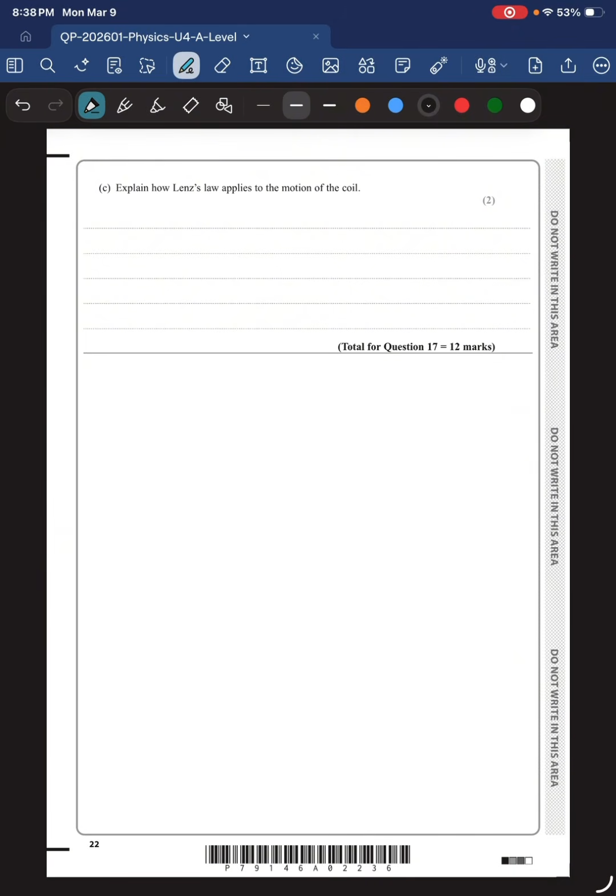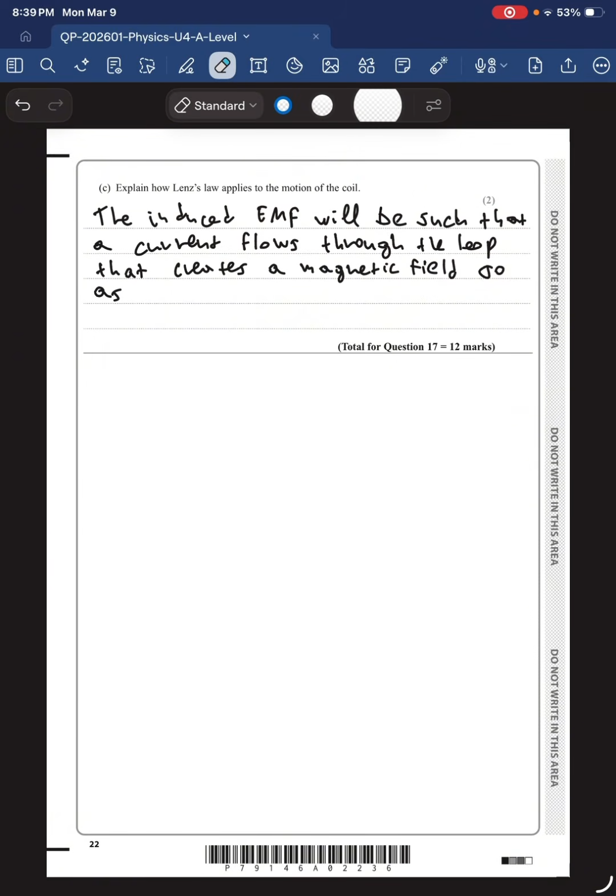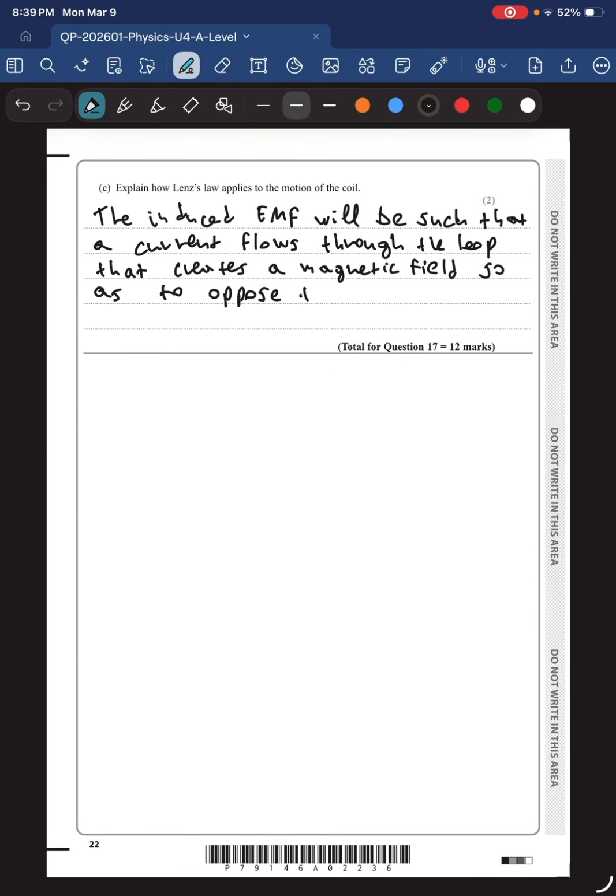And C, explain how Lenz's law applies to the motion of the coil. So the induced EMF will be such that a current flows through the loop that creates a magnetic field, this is an S, I'm sorry, so as to oppose the reason that created it.